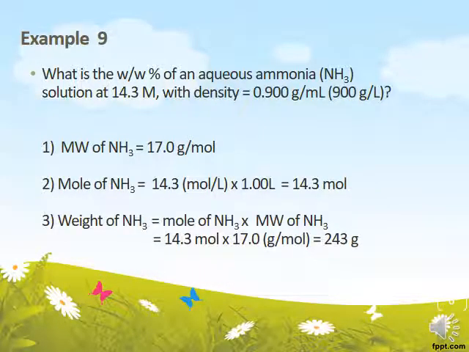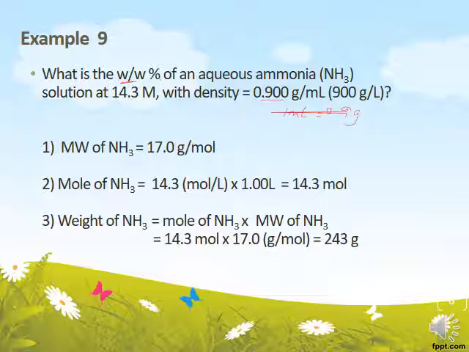Let us look at example 9 here. What is the weight over weight percent of an aqueous ammonia solution at 14.3 molar with density 0.9 gram per mil, which is also equivalent to 900 gram per liter. So we convert this. In 1 mil, we have 0.9 gram.